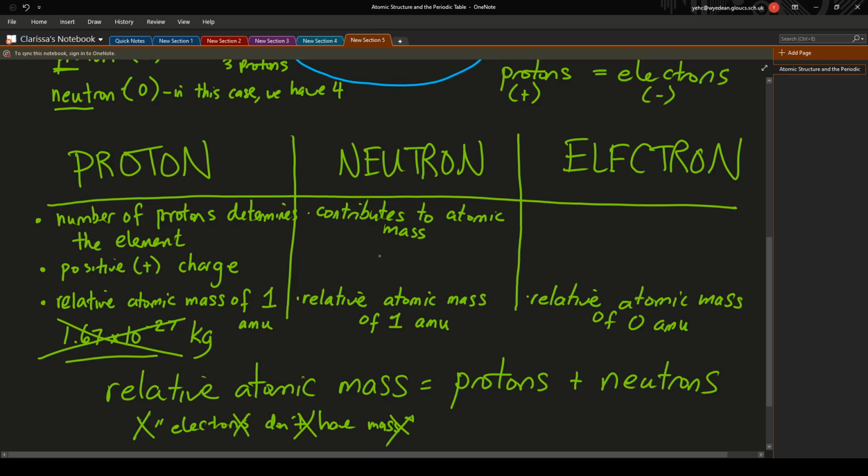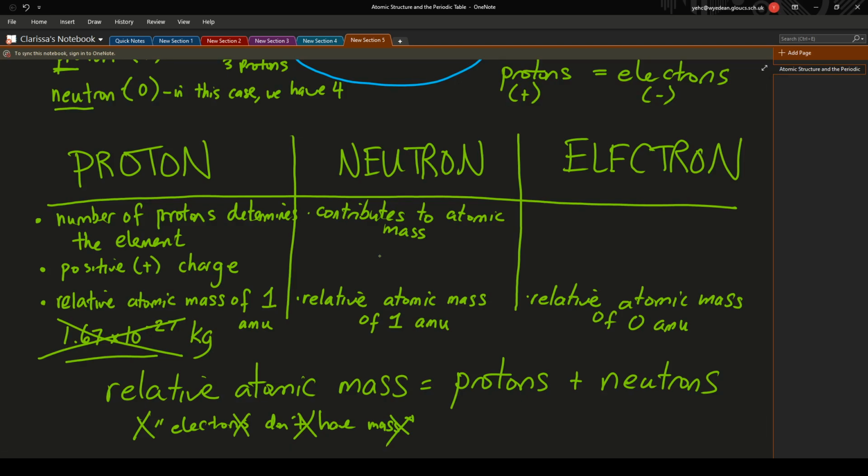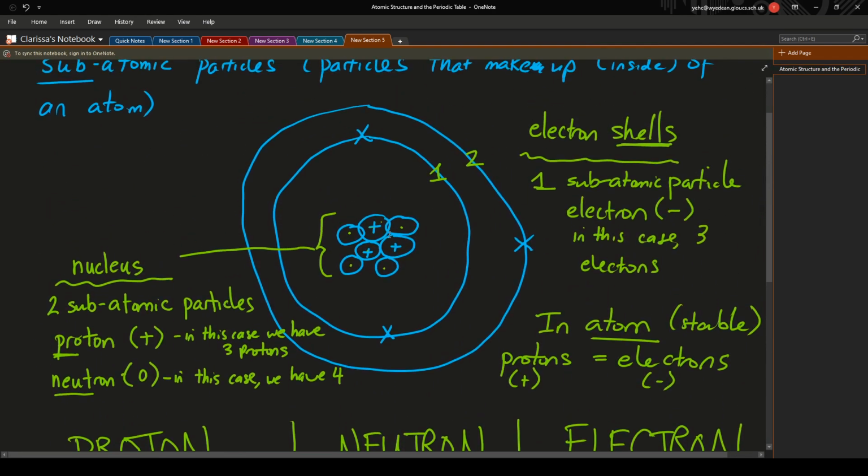So basically, on our periodic table, we can work out how many neutrons we have if we know how much the whole thing weighs and we know how many protons we have. So for example, with our atom here, our lithium, on the periodic table, it's 7 lithium 3. The 7 is its relative atomic mass.